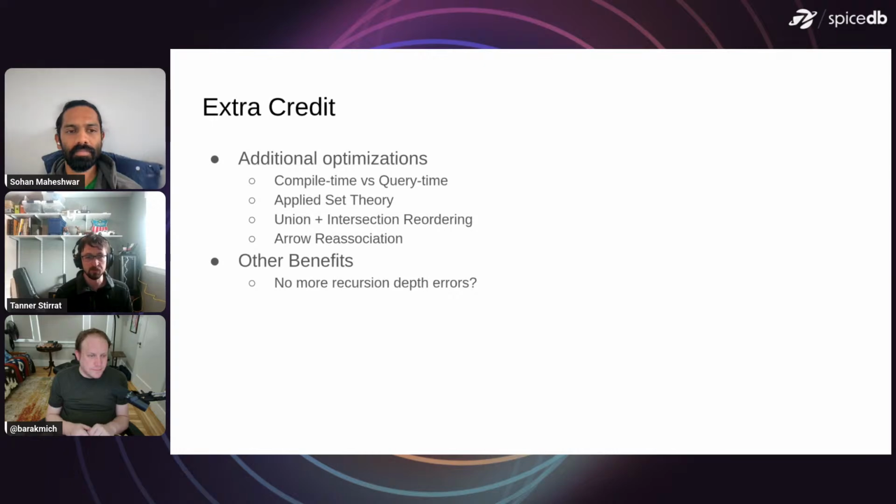One that I think is really fun is an idea of arrow reassociation. So we talked about flipping the direction of an arrow, but reassociation is the idea that if you have a schema path that is going from the document to the folder to the group to the user, you've got 3 links in this chain.